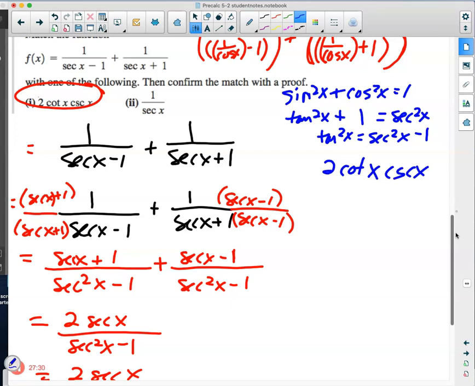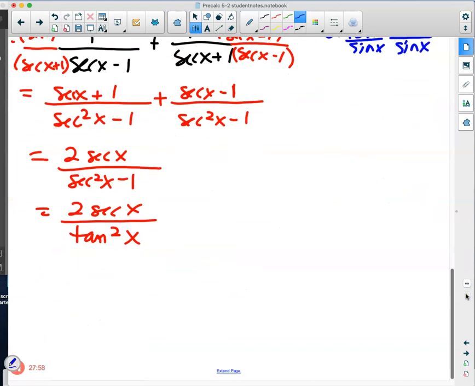But over here, let's see what this would look like with sine and cosine. So it would look like that. 2 cosine of x over sine of x, and 1 over sine of x.